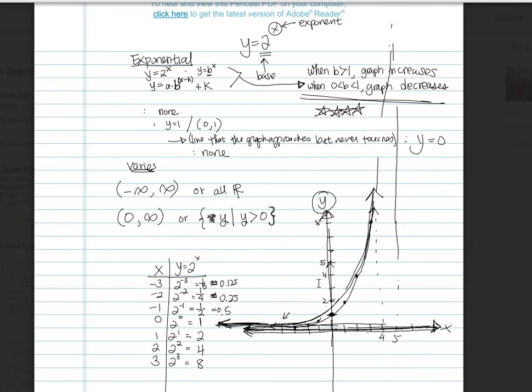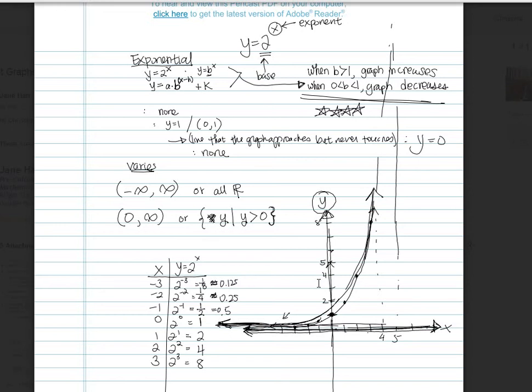And when b is less than 1, our graph decreases. And we call this decay. So talking about our h comma k value, we're going to get to that a little bit later.